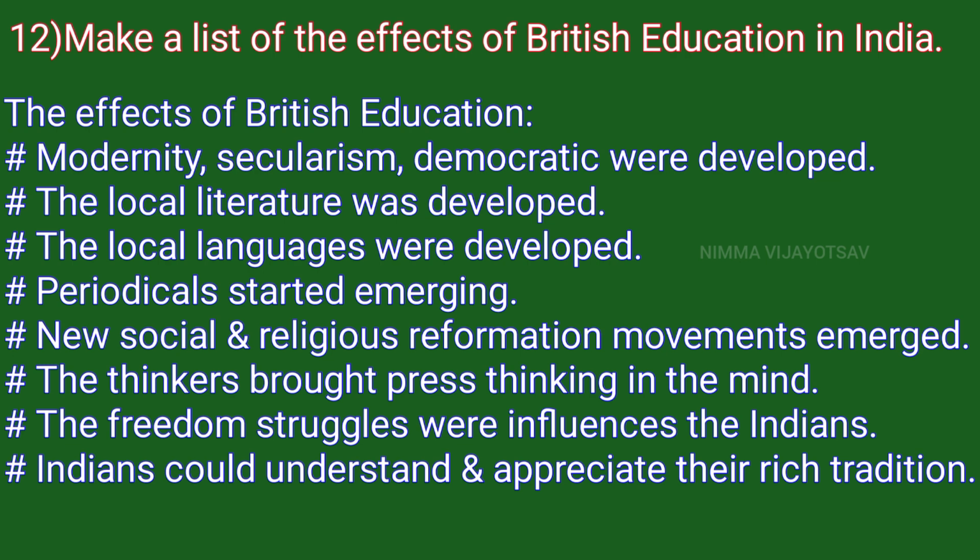The local languages were developed. Periodicals started emerging. New social and religious reformation movements emerged. The thinkers brought fresh thinking in the mind. The freedom struggle influenced the Indians. Indians could understand and appreciate their rich tradition.